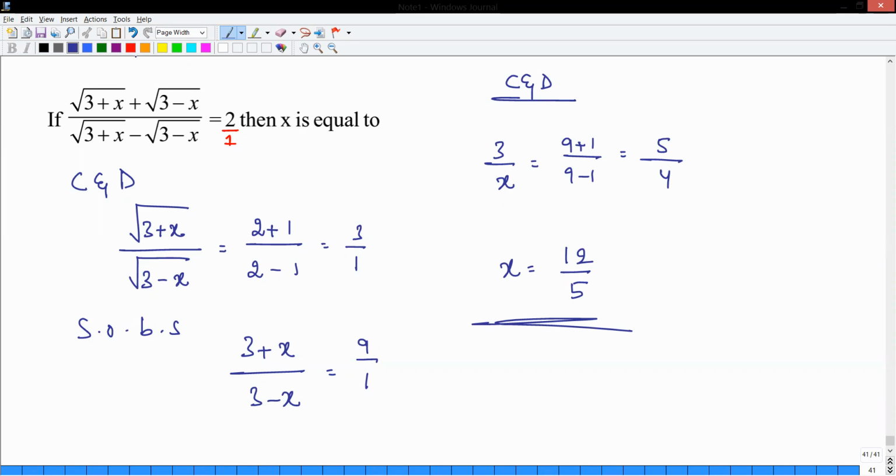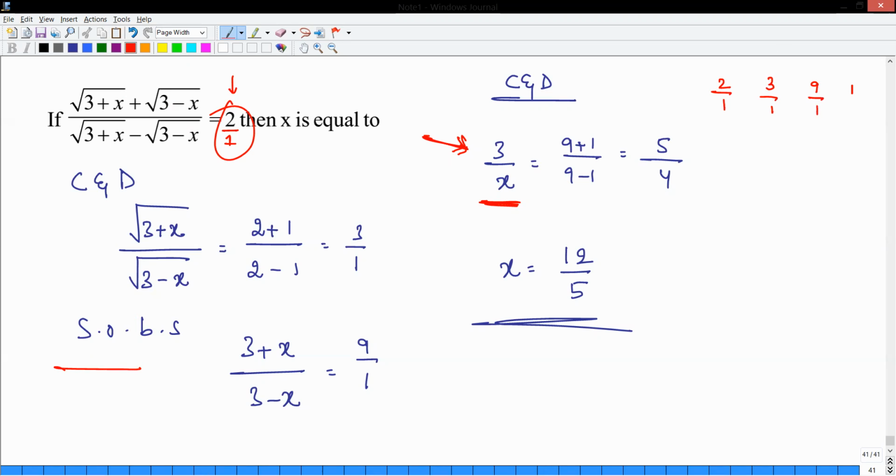If you ask me, this is not difficult to write directly. Because in order to get 3 by x, what are you doing first? Componendo and dividendo, square on both sides, again componendo and dividendo. So concentrate on the RHS. First you are doing 2 by 1, componendo and dividendo, it becomes 3 by 1. Then you are doing square, 9 by 1.